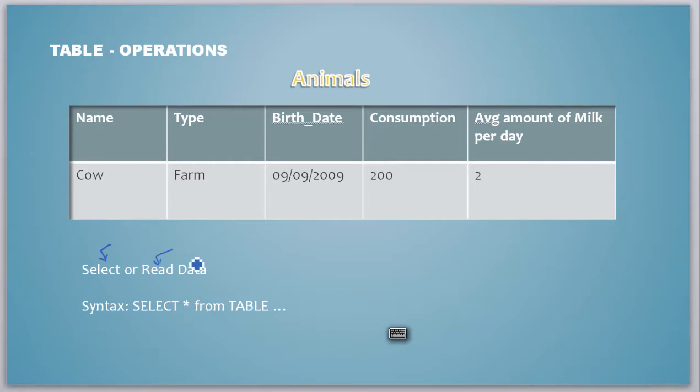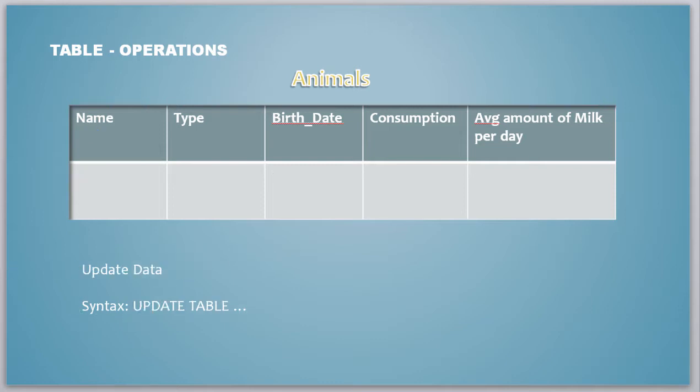When it says star, it will read all the columns from the table, or I can say select just the name, meaning select only this column, the rows that belong to this column from the table. The important thing to remember is the select operation. After inserting, I'm selecting.